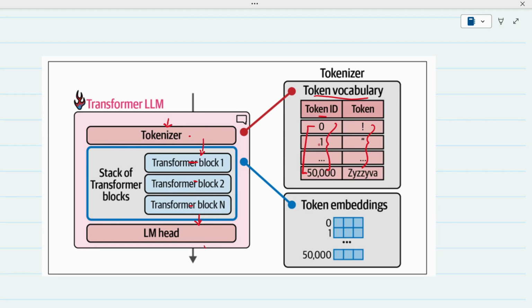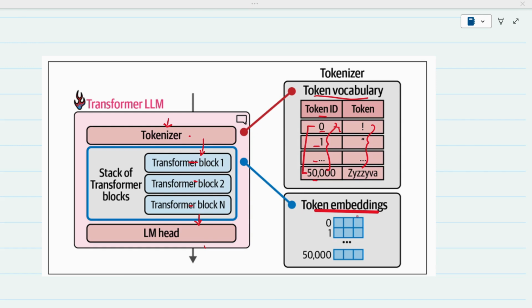But the problem with the tokenizer is that we only map a number to the input text, so the context of the sentence is not maintained here. So we then use token embeddings to convert those token IDs into meaningful context-aware vectors.